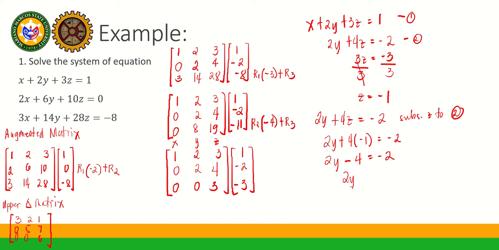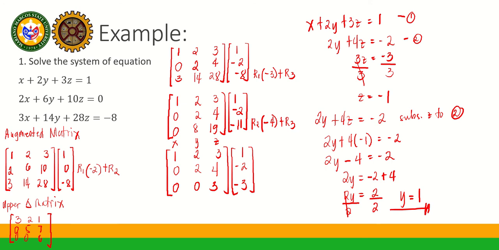So, 2y equal to negative 2. When we transpose a negative value dito sa right side, that becomes positive. So, magiging positive 4. And 2y is equal to negative 2 plus 4, that is positive 2. We divide both sides by 2 to solve the value of our y. Therefore, si y natin is equal to 2 over 2, that is equal to 1.